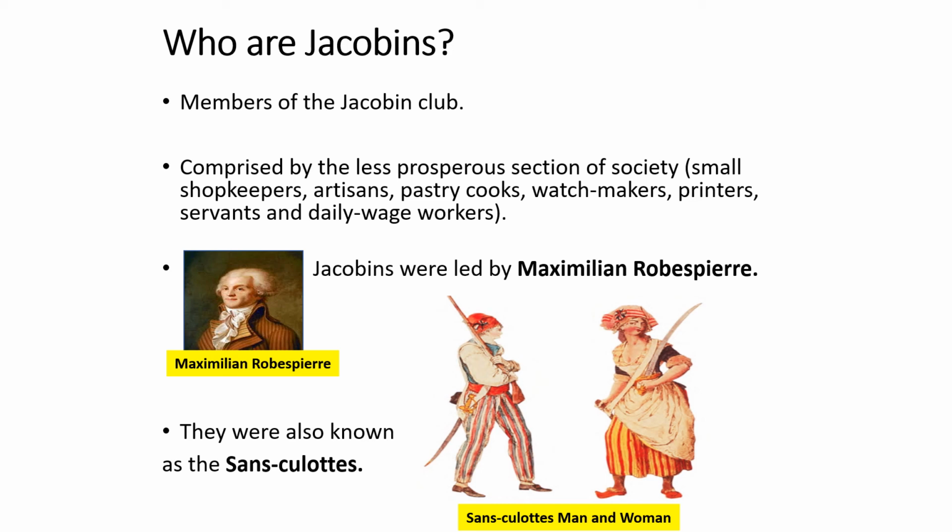Besides, these sans-culottes men introduced a new dress code for them, which is shown in this picture. That is, they wore long striped trousers like dock workers, and this was to set themselves apart from the fashionable sections of society, especially the nobles.